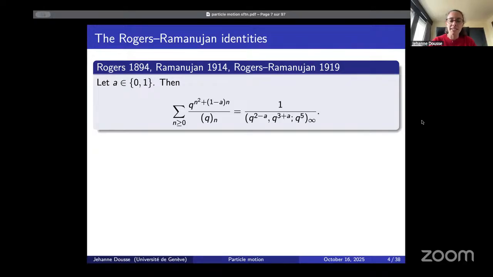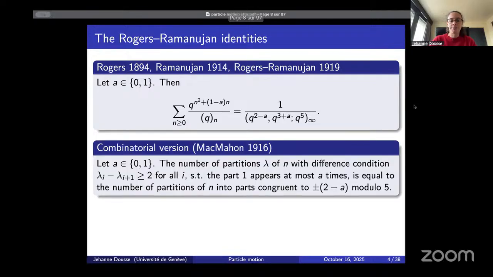So these identities say that on one hand you have this sum, the sum of q^(n squared plus (1 minus a) times n) divided by (q;q) sub n, and this is equal to the infinite product here on the right. And in terms of partitions, it gives us a nice partition identity because on the right, because of what I said on the last slide, you can recognize partitions into parts congruent to 2 minus a or 3 plus a mod 5, which I wrote here in a slightly shorter way.